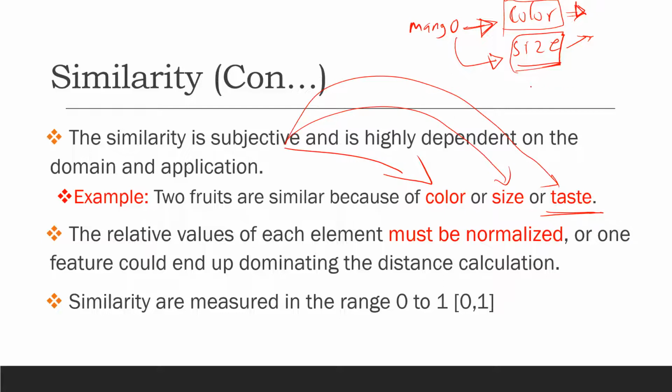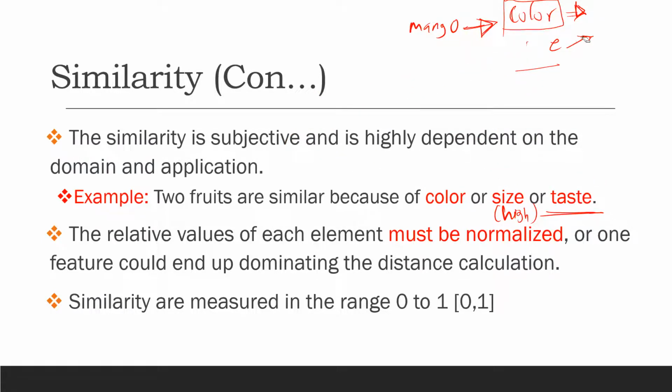If we consider the similarities between two chairs, we can't apply taste. We only apply color and size, where size means the height of the chair, or the comfort and which material is used. Depending on these, the similarities between objects are different. So whenever we do a similarity calculation, we need to know what we are doing it for. Depending on that, it will change. Understand?